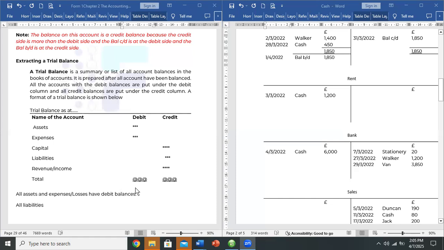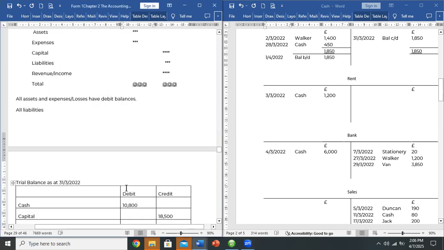So if you do it and there is a difference, it means you have either made a mistake in debiting or crediting some of the accounts, or when you were balancing, maybe arithmetical errors. You added 2 to 3 to get 5, but in writing you wrote 6. So if there are no arithmetical errors, your trial balance should agree.